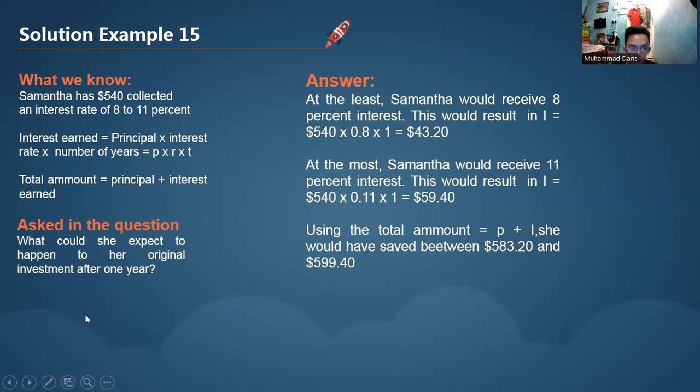Using the total amount equal to principal plus interest, she would have saved between $583.20 and $599.40.